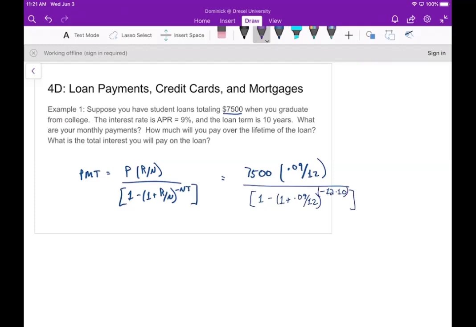All right, so if we enter this in the calculator, we're doing 7,500 times 0.09 divided by 12, and then we're dividing that entire thing by parenthesis 1 minus parenthesis 1 plus 0.09 divided by 12, close parenthesis, then we need the exponent, so caret button, another set of parentheses for minus 12 times 10, close that exponent parentheses, and then close the denominator parentheses. And if we do that, we find that our payment is going to be about $95.01.